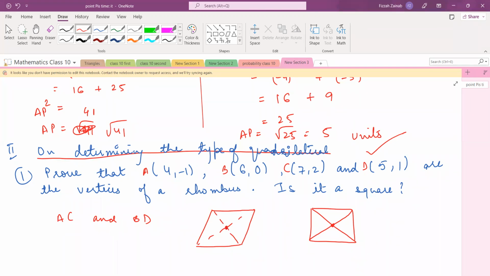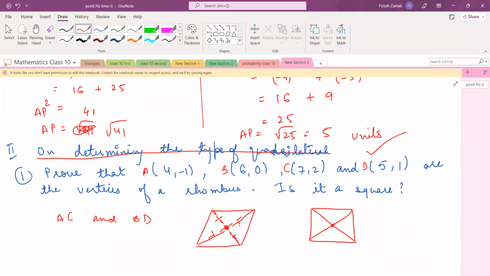So this coordinate has to be the same, isn't it? The midpoint of this diagonal is also this. The midpoint of this diagonal is also this. That means they are meeting at this point, right? And this is the midpoint of this also, this also, this also, this also. That means the diagonals are bisecting each other, isn't it? Yes, ma'am.